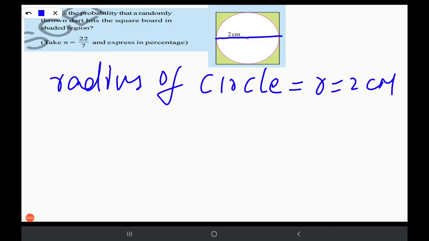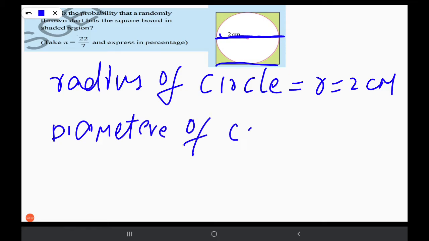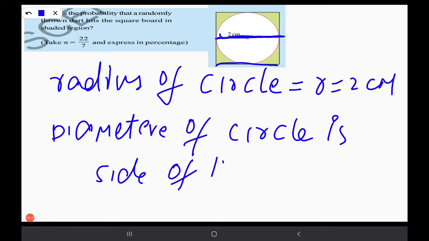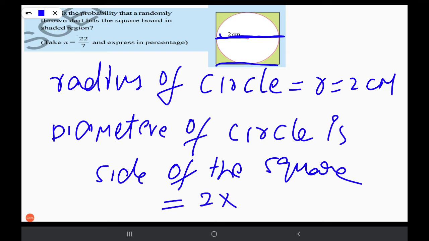So the diameter of the circle is the side of the square, that is 2 into r.